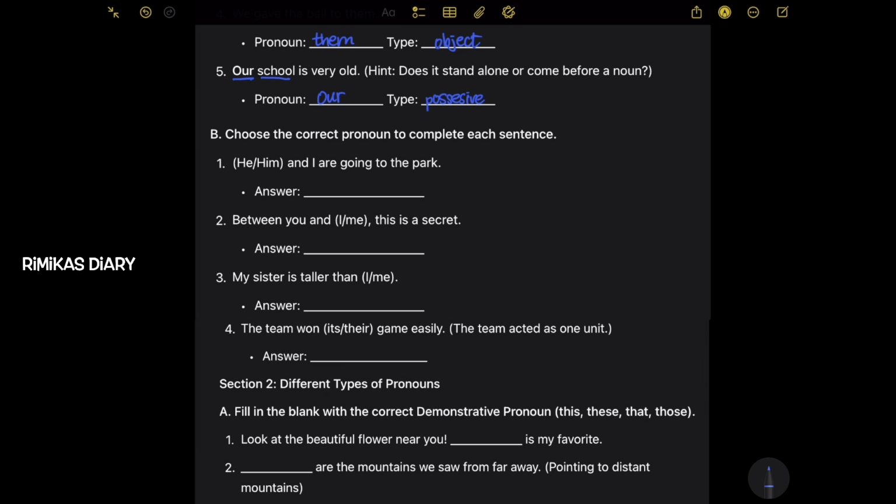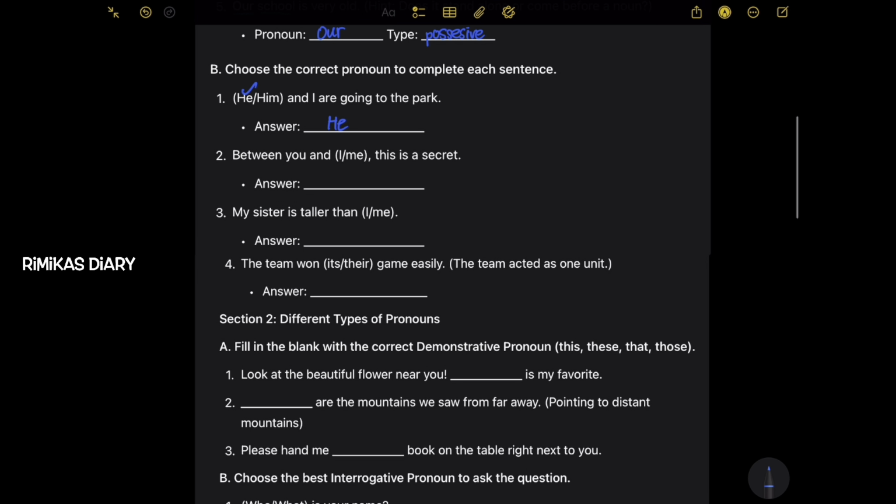Choose the correct pronoun to complete each sentence. He or him and I are going to the park. So he. Between you and I or me, this is a secret. So me is the answer because between is a preposition, so this part should be in the objective case.